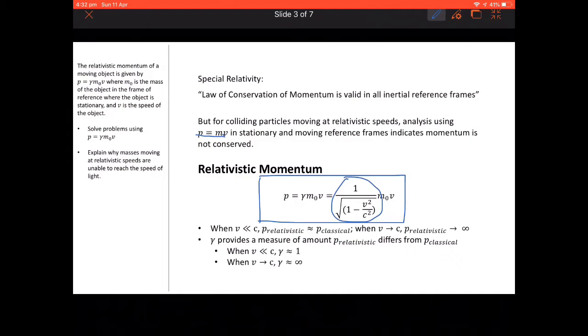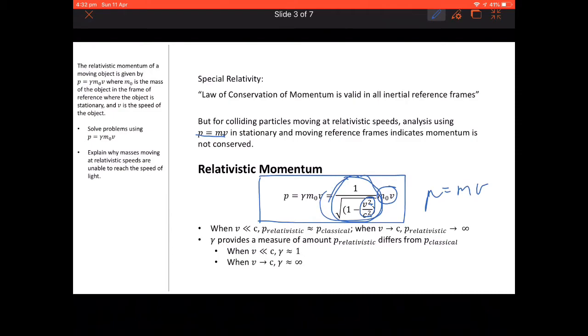So if v here is a pretty small fraction of c here, then this little fraction here will be equal to 0, therefore this big fraction will be equal to 1. Hence it'll be 1 times mv, and that'll just be pretty much p equals mv.